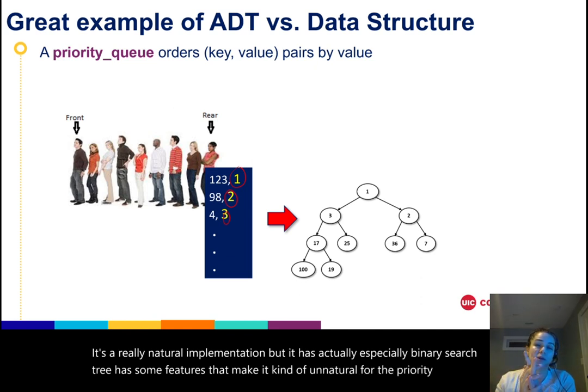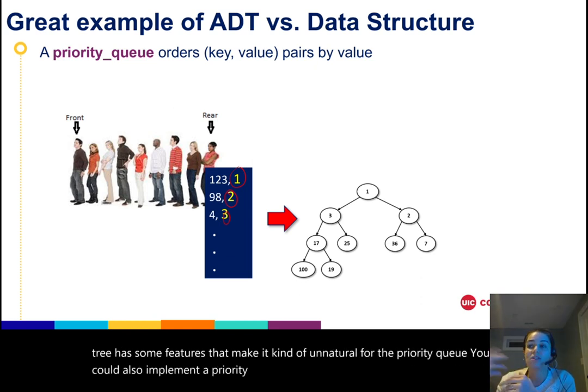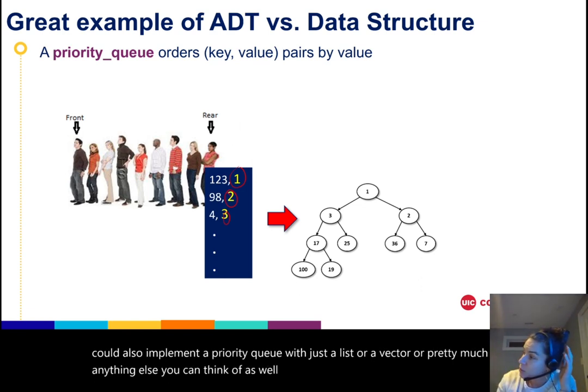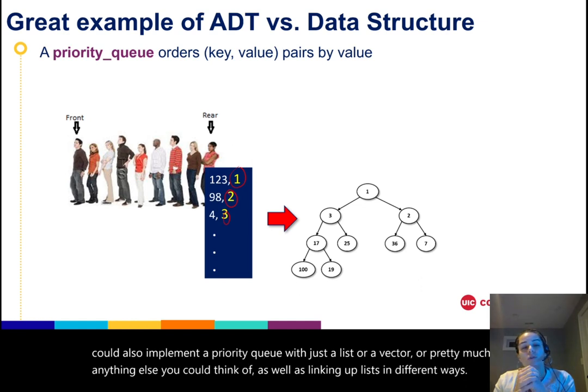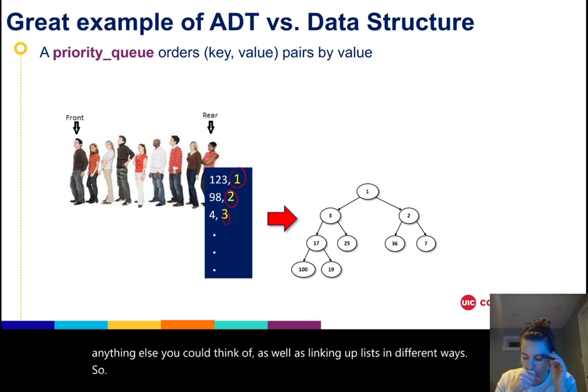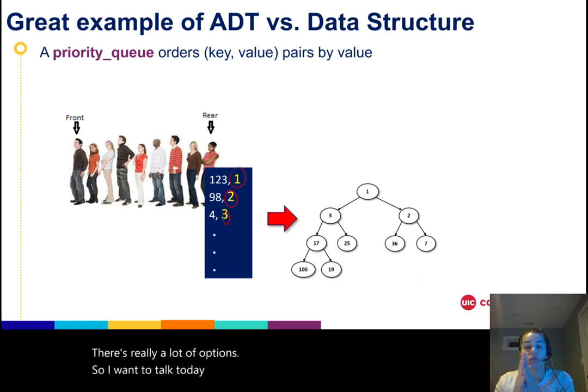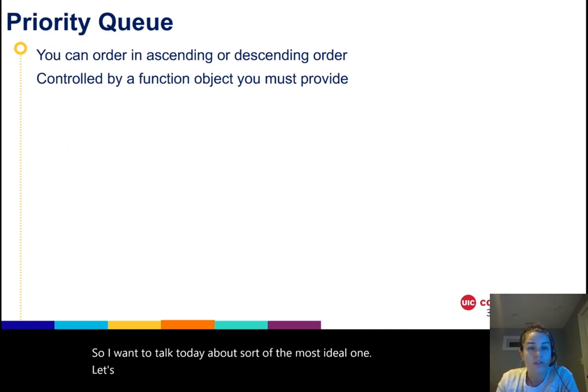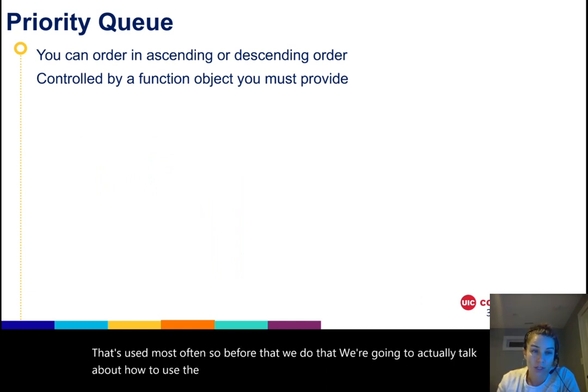You could also implement a priority queue with just a list or a vector, or pretty much anything else you could think of, as well as linking up lists in different ways. So there's really a lot of options. So I want to talk today about sort of the most ideal one that's used most often. So before we do that, we're going to actually talk about how to use the C++ library priority queue.